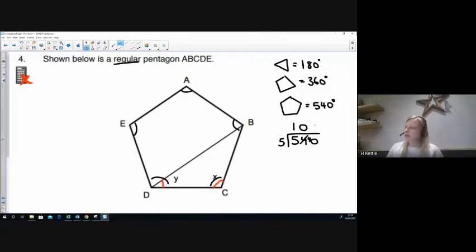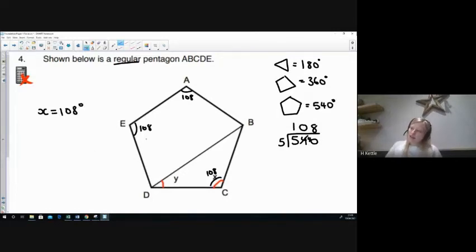And 5 into 40 goes 8 times. So I now know that each of these is 108. But I'm not going to label these two actually, because that's a little bit confusing because I don't actually want the full angle there. Okay, so I know now that X is 108 degrees.